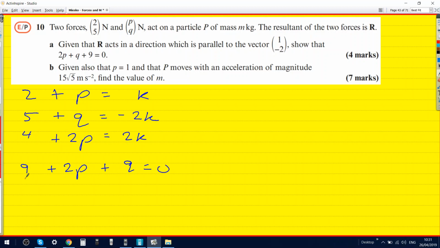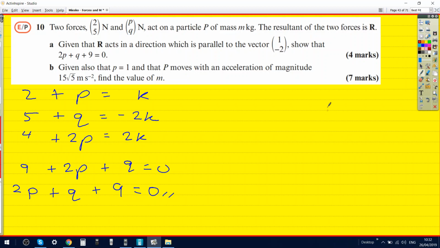And then just make it look like the way they wanted it. So we add 2p plus q plus 9 equals 0. Yeah. Okay.